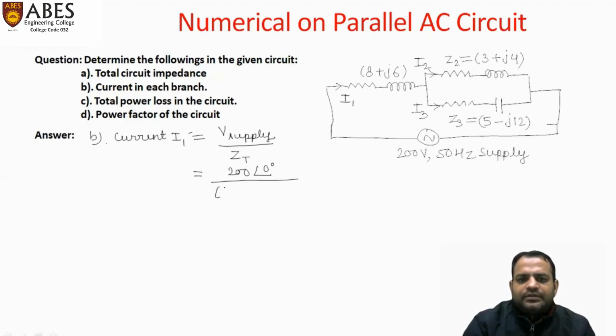Z total is 15.724 at an angle 34.64. So after calculating this by using calculator, we will get 12.72 at an angle minus 34.64 degree.